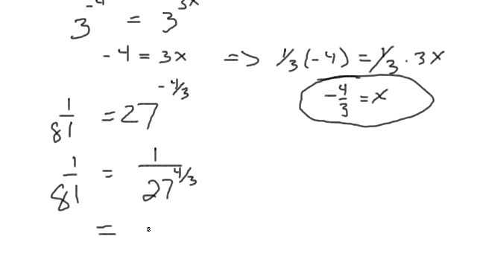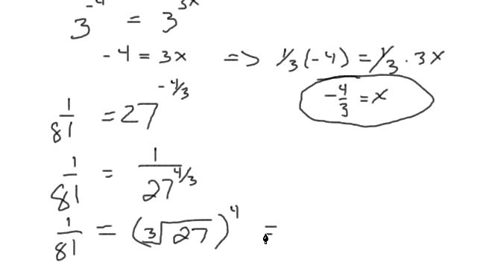And of course, this can be rewritten as the cube root of 27, and the whole thing raised to the fourth power. Now, the cube root of 27 is just 3.